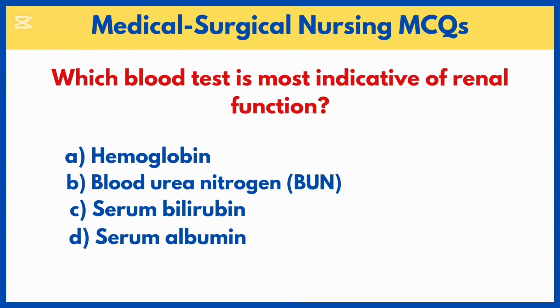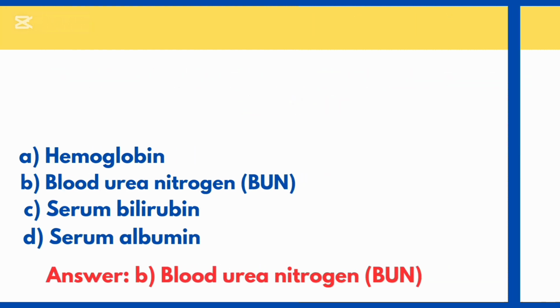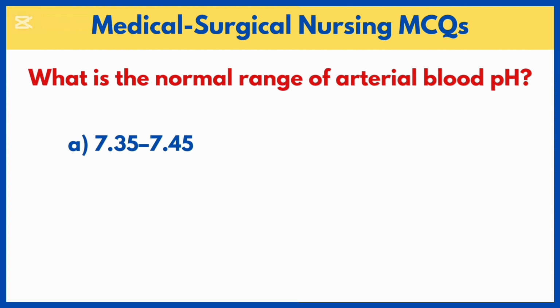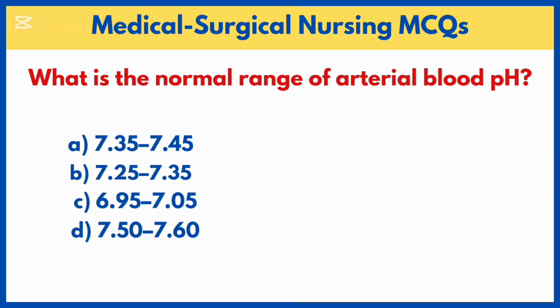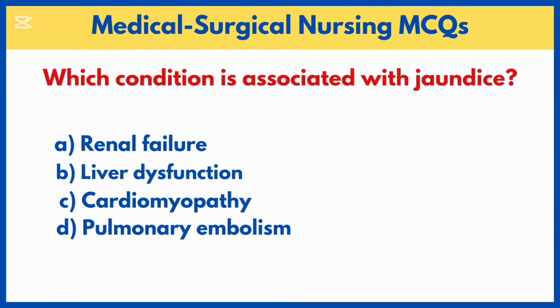Correct answer is option B, blood urea nitrogen. What is the normal range of arterial blood pH? Correct answer is option A, 7.35 to 7.45.